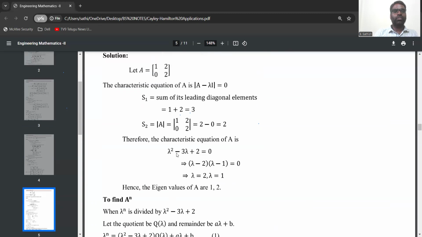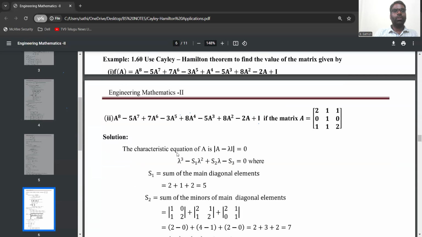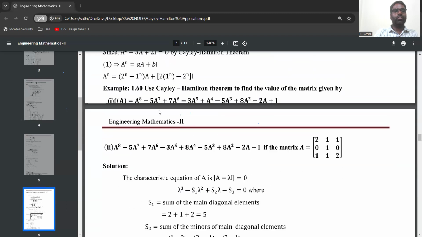Now we'll discuss some more problems. Use the Cayley-Hamilton theorem to find the value of the matrix given by f of A equals so and so.